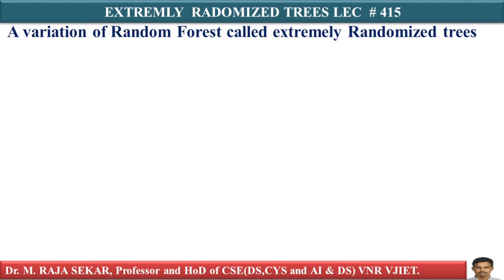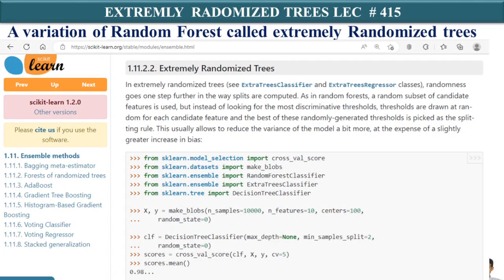There is a variation of random forest called extremely randomized trees. They became very popular because scikit-learn implements the extra tree classifier and extra tree regressor, which automatically implement extremely randomized trees.